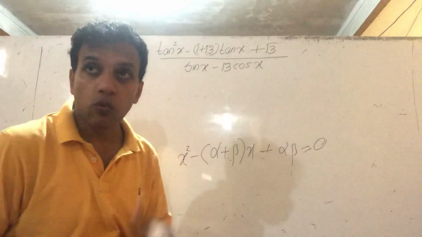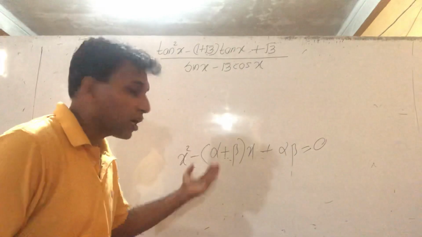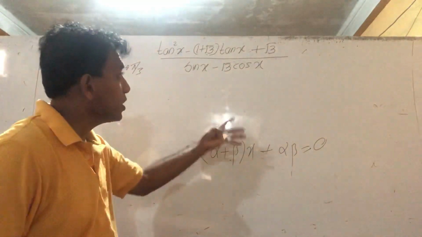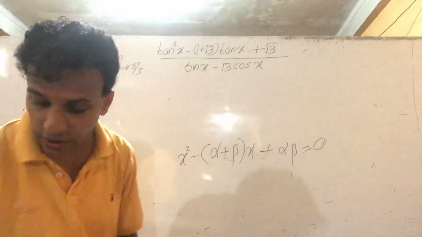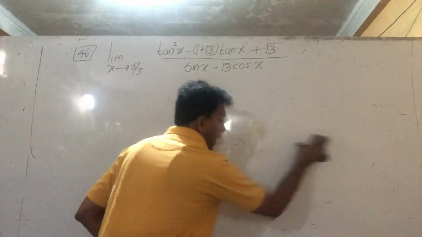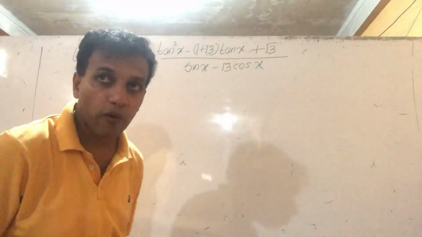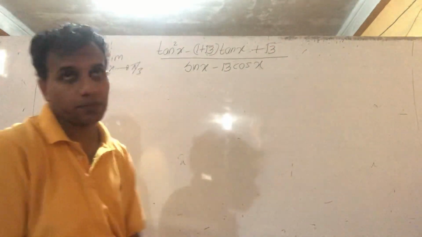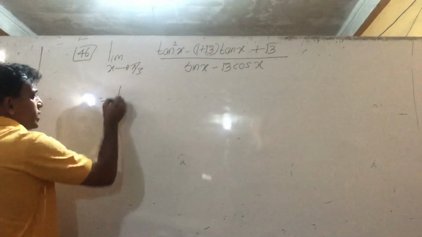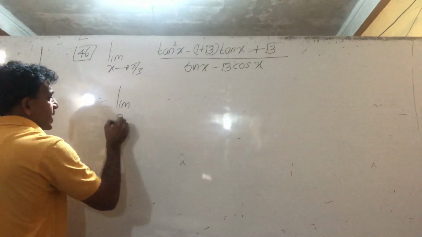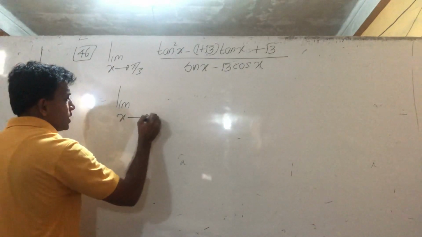Here, what are the roots? 1 comma root 3, alpha comma beta. Root 3 and 1 are the factors. If you have a good idea about that, by observing this problem you can quickly write the factorized pattern. Therefore, limit x tends to pi by 3.